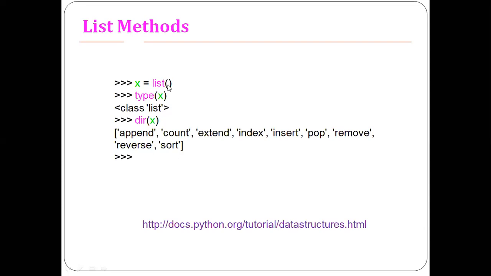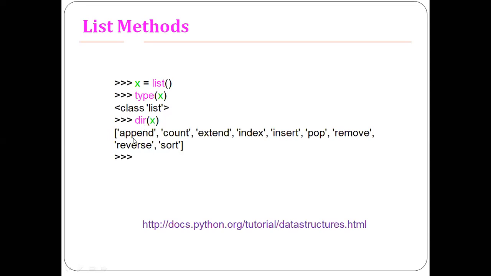The functions included in the list are append, count, extend, index, insert, pop, remove, reverse, and sort. These are all the functions which are there within the list class, right? So list is the class, and all these functions are defined within the list class.